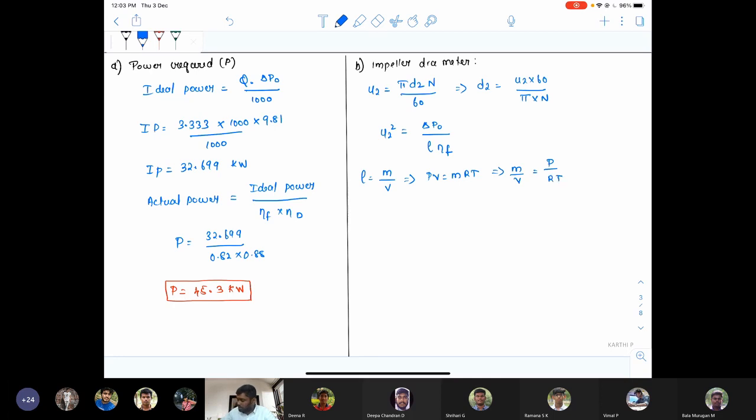Now the density will be equal to P divided by RT. The pressure and temperature at the inlet are given.